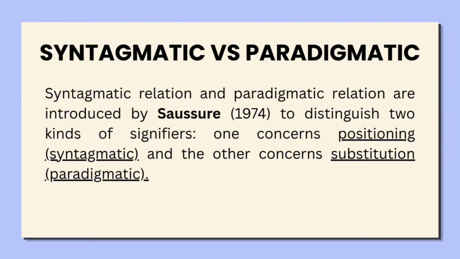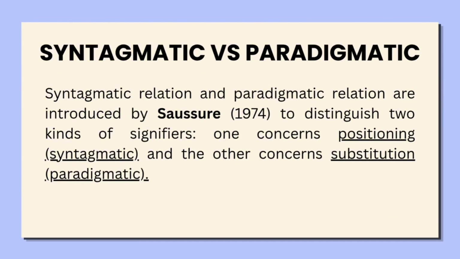First, we need to understand two important concepts introduced by Saussure: syntagmatic and paradigmatic relations. Syntagmatic relation is about positioning, how words combine together in a sentence. Paradigmatic relation is about substitution, how one word can replace another.